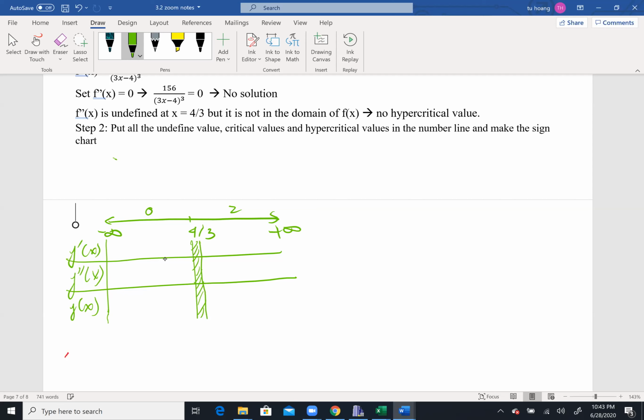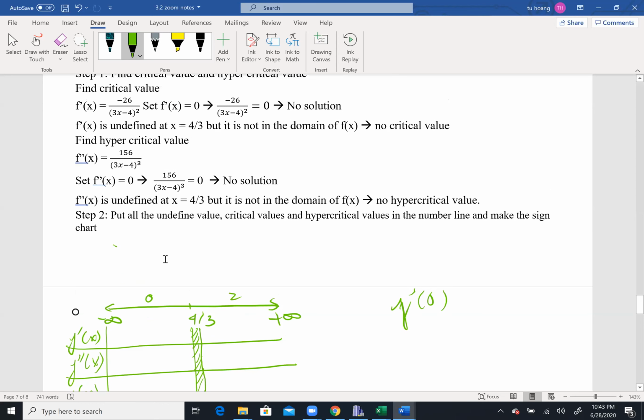Okay, let's check f prime of 0 and see what happens. For f prime of 0, I have negative 26 over 3 times 0 minus 4 squared.